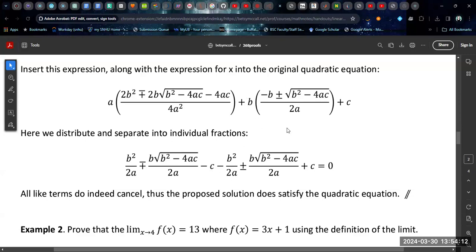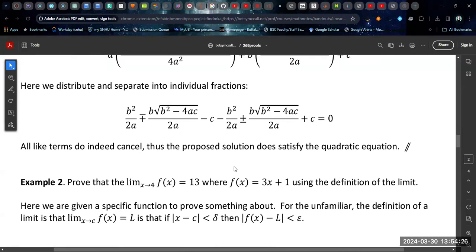If I distribute my b through, I get b times b is minus b squared over 2a, and b times the square root, I get this, and then plus c. And then what I want to show here, ideally I'd like to explain. So b squared over 2a minus b squared over 2a, they cancel. Here I have minus b minus plus b times b squared minus 4ac over 2a.